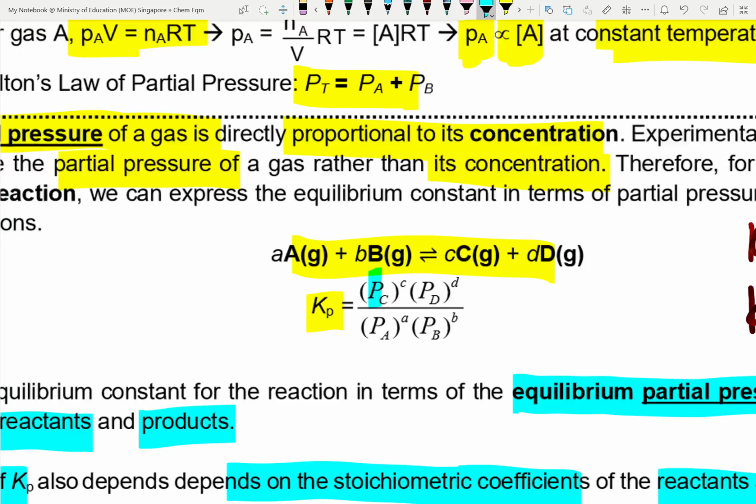So it will be partial pressure of C raised to the stoichiometric coefficient of C multiplied by the partial pressure of D, which is my product, raised to its stoichiometric coefficient, over the partial pressure of my reactant A raised to its stoichiometric coefficient, as well as the partial pressure of B, which is a reactant, raised to the appropriate stoichiometric coefficient. So you must always remember that it's always the product on top over the reactant. Okay?